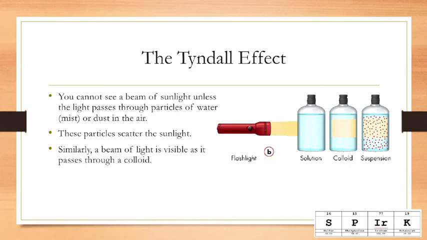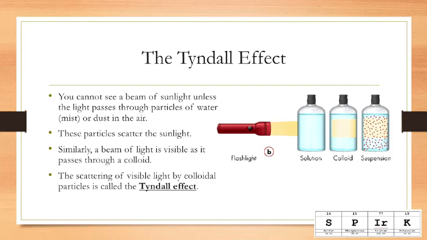Similarly, a beam of light is visible as it passes through a colloid, because there are particles in there. The scattering of visible light by colloidal particles is called the Tyndall effect. Suspensions also exhibit this Tyndall effect, and the particles in solutions are too small to scatter the light though. So it just spreads out throughout the solution, or it goes through the solution.